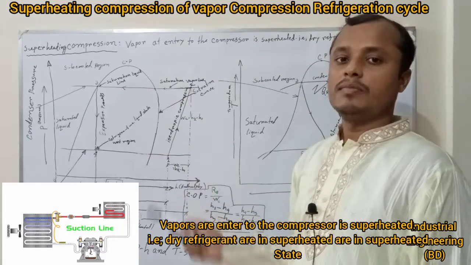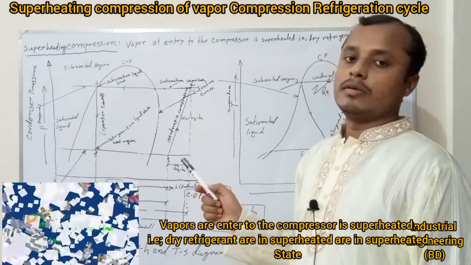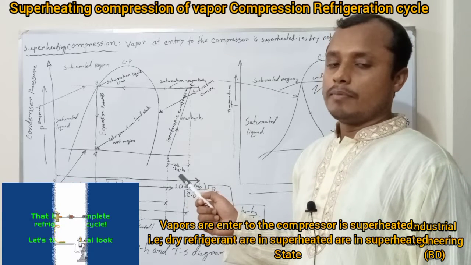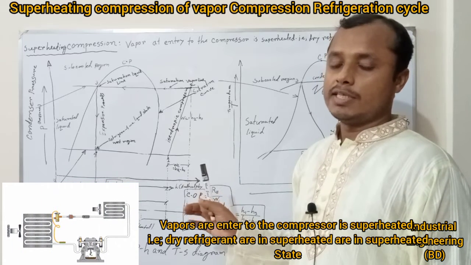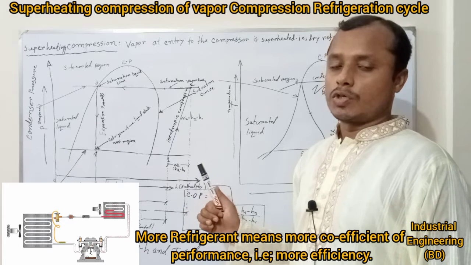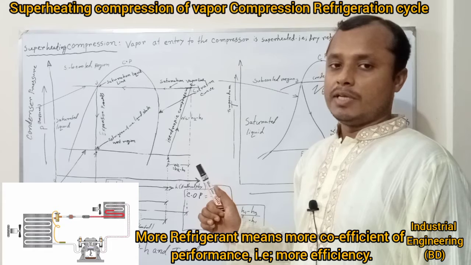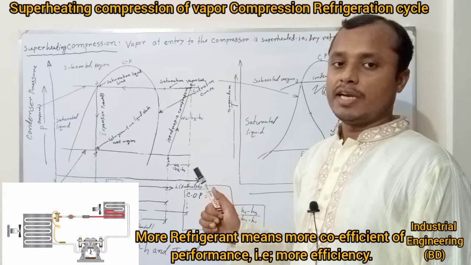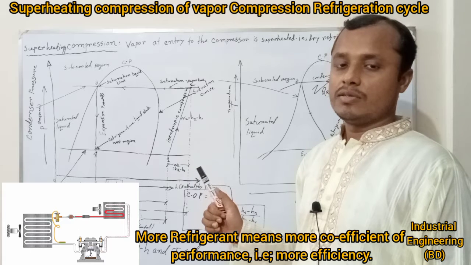So if we select the superheating compression system, we will get the maximum coefficient of performance, that is, maximum efficiency from your compressor. That means from your refrigeration system you can get maximum efficiency.